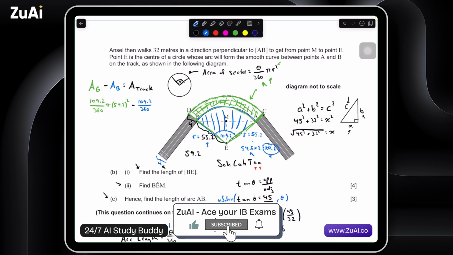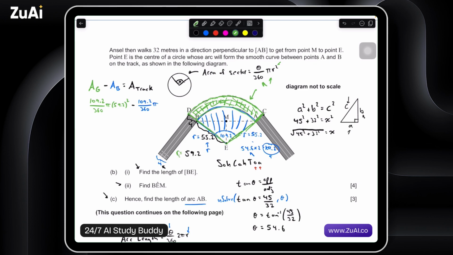Okay, 109.2 times pi, and then the radius is, we already found it to be 55.2. This is the radius of the green, and this one right here is the radius of the blue. So it's going to be 55.2 squared, and all of this should equal the area of the track.